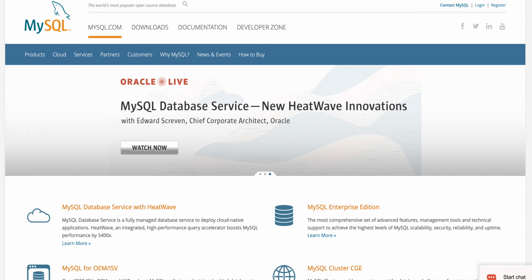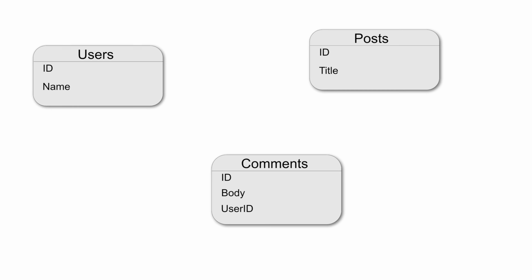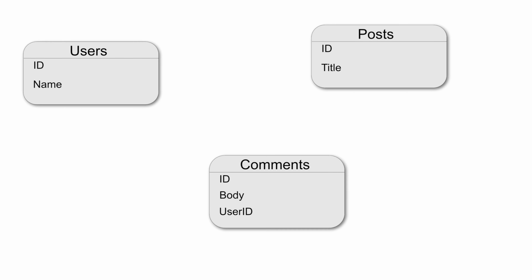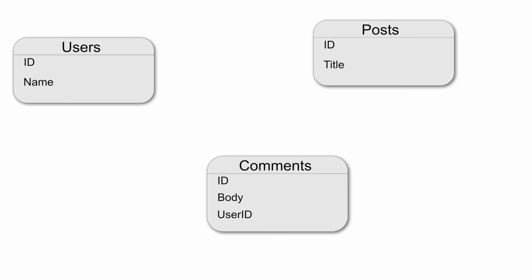The next most popular database is MySQL, and actually this is an SQL database, as you can get from the name. And actually we had only SQL databases until 2001 or so, and the main idea is that we're storing our data inside tables. So we have a database, inside database we have tables, like for example users, posts, comments and so on.